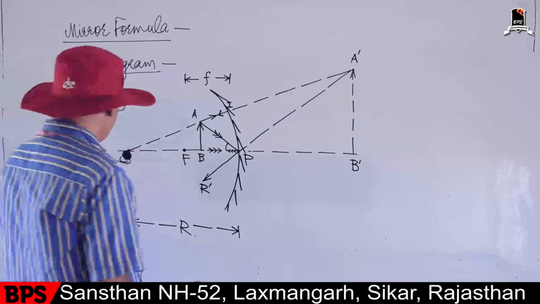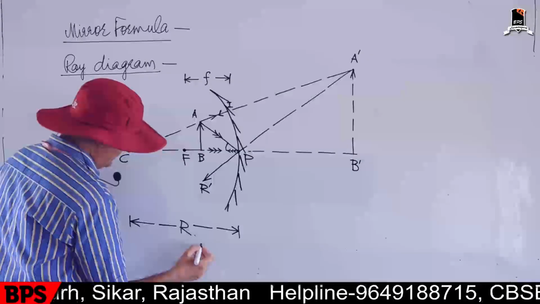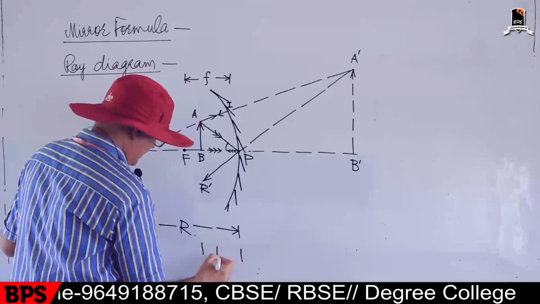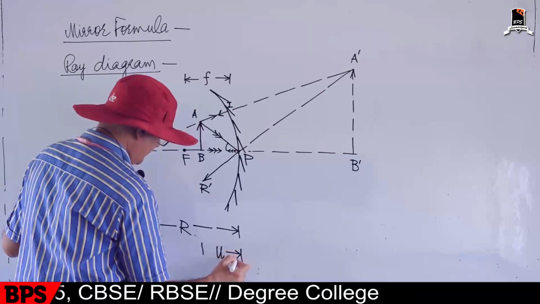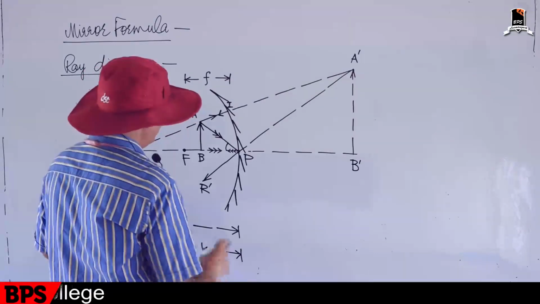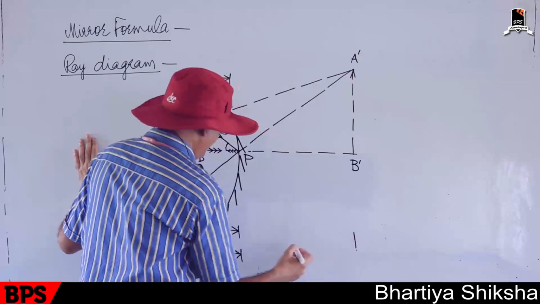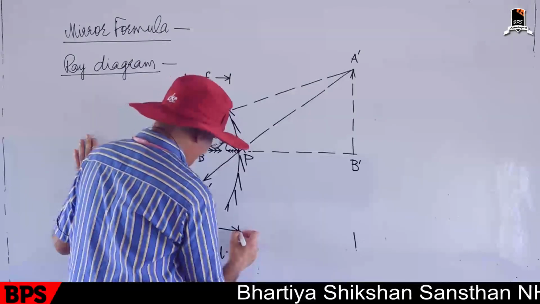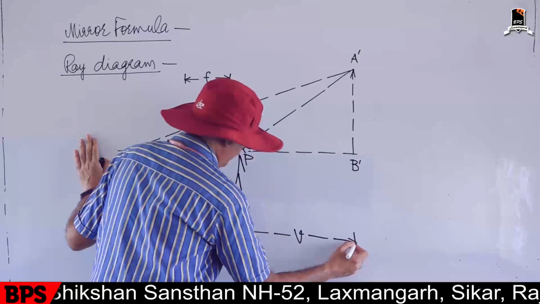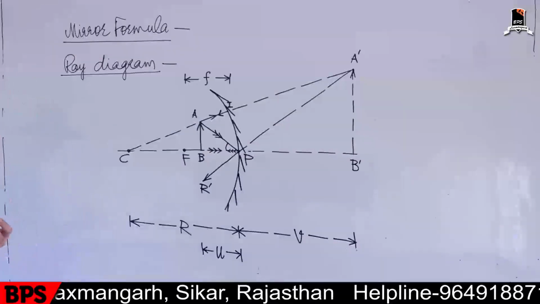Now the third distance involved is the object distance. It is the distance between point B and point P. So this is the object distance U. And this is the image point. So the B dash and P distance, this distance, is the image distance V. So these are the four distances involved in this case.